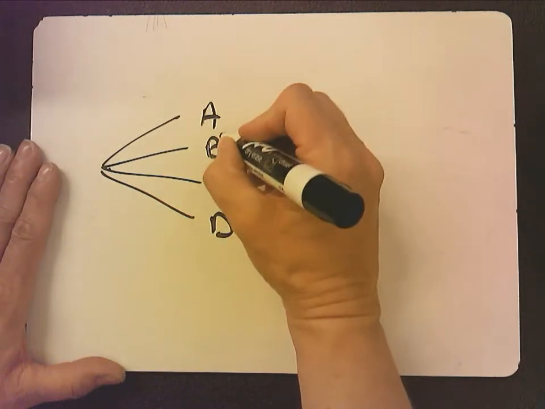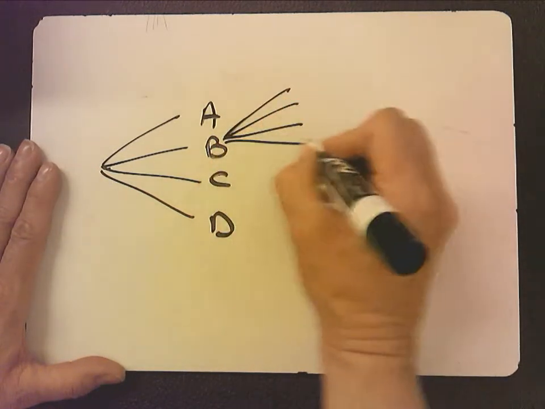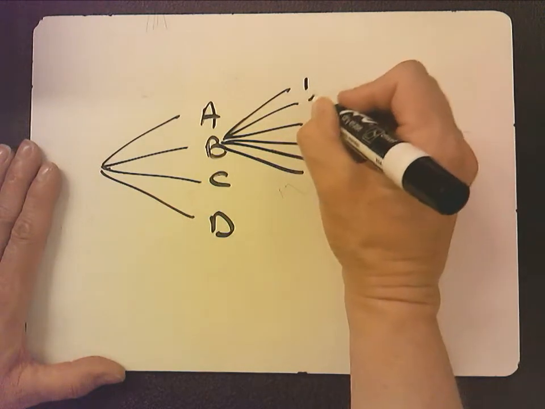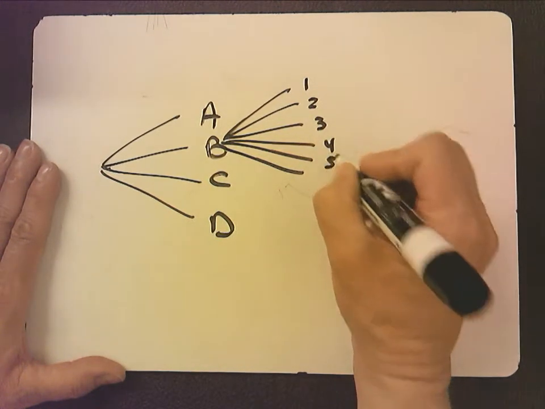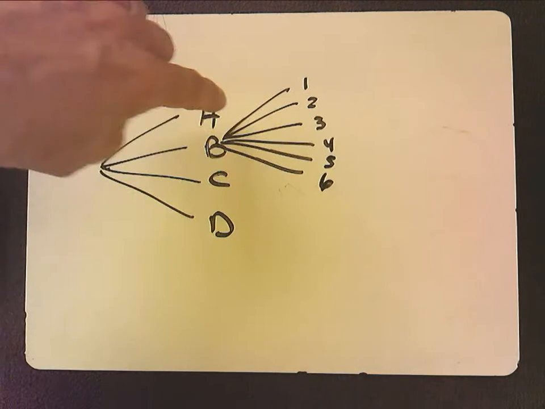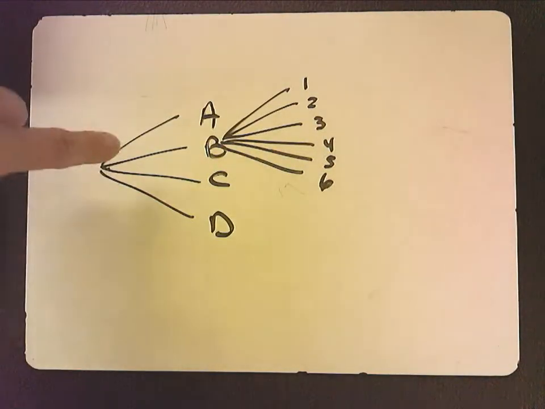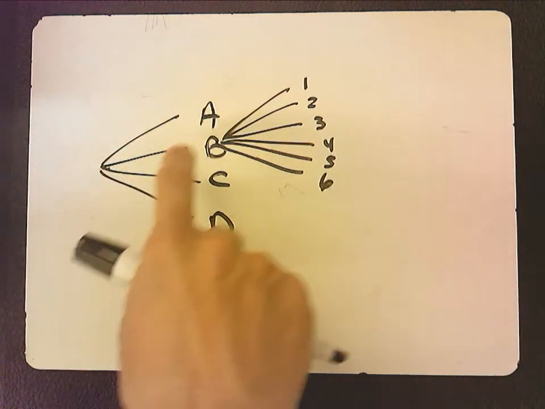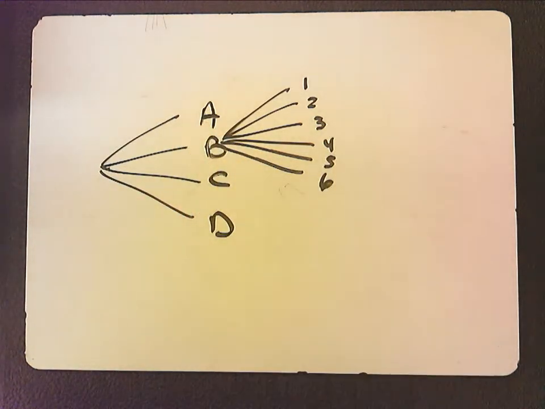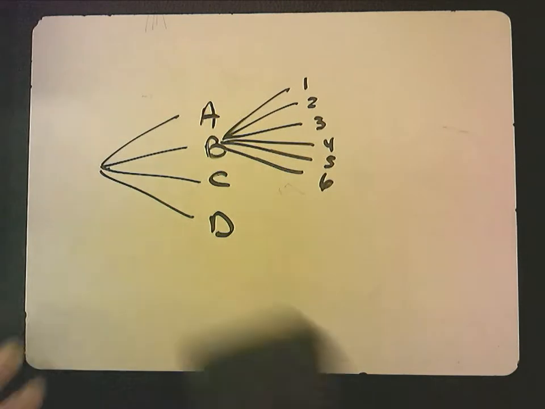If I roll a B, I either get 1, 2, 3, 4, 5, or 6. Now, if I have 6 coming out of all 4, that's a total of 24 outcomes. And there's only one way I can get a B and a 4, so it's 1 out of 24.